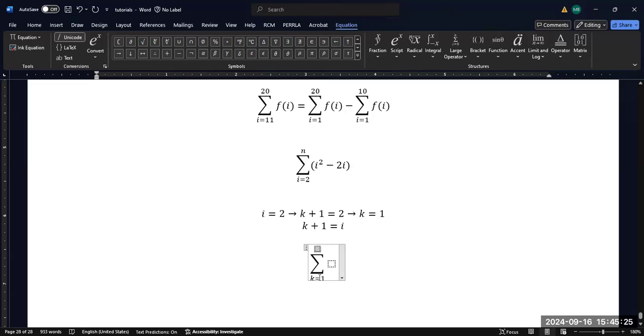So if I'm starting at k equals 1, what happens if I'm looking at my expression here? Well, everywhere I have an i, I'm going to have to replace it with k plus 1 inside my expression. So now I'm going to have to expand this out to get my new result. It won't just be k squared minus 2k.